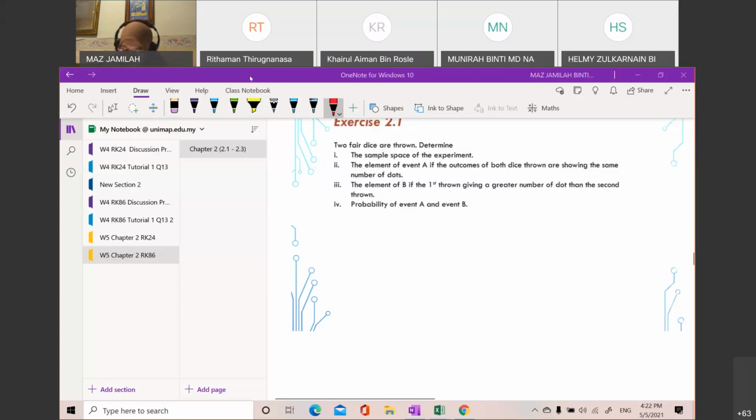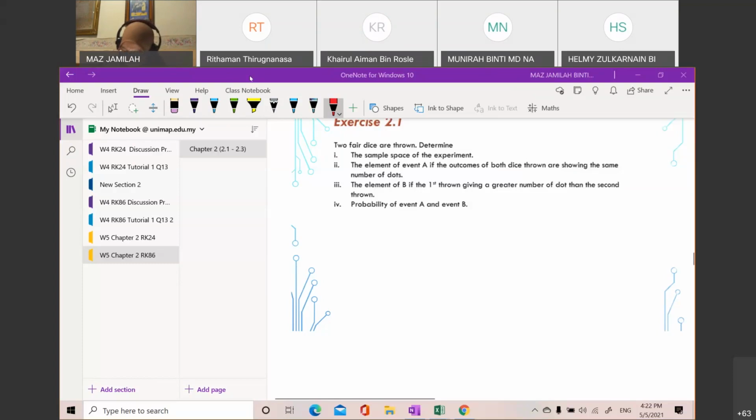Your first die, you get 1 dot, or 2 dots, or 3 dots, or 4, or 5, or 6.